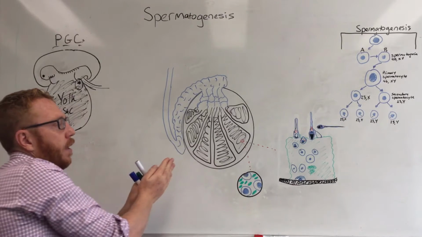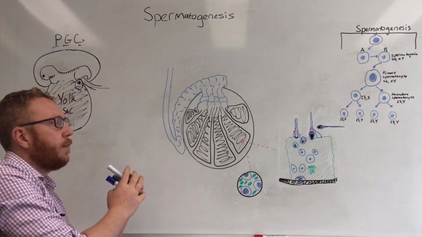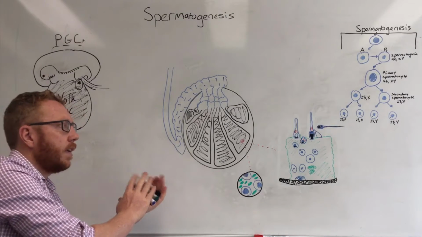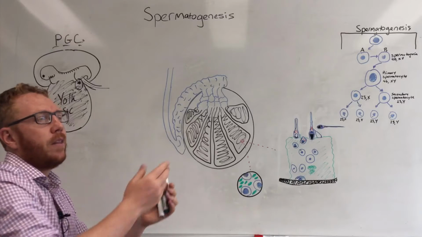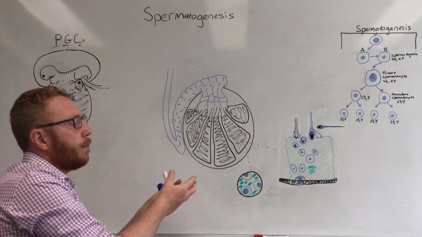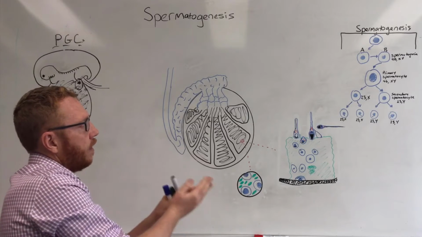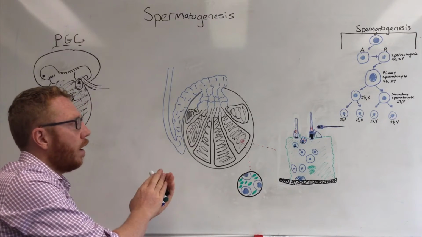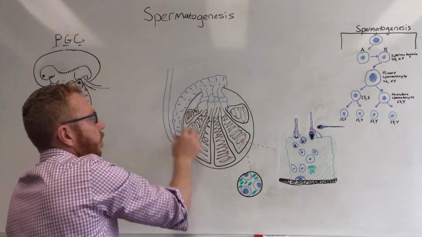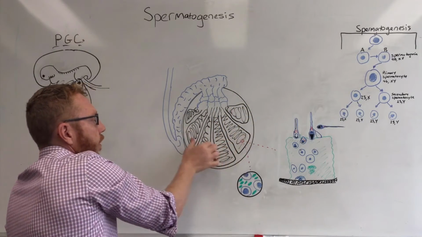Now, if biologically it's going to go down the female line, it's going to differentiate more into the cortical cell lines. So this is going to develop the oogonia and the follicular cells. But for the males, this is going to go down the medullary sex cord lines, which is going to develop into these lobules. Okay, so these are lobules in the testes.